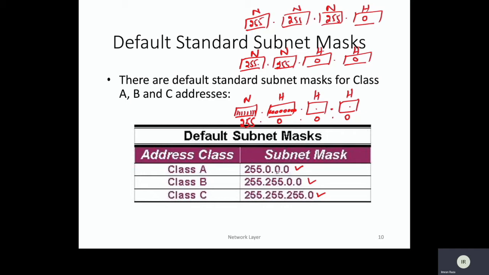The subnet mask is a 32-bit number, and we calculate it by turning all the network portion bits to 1 and turning all the host portion bits to 0. Right? So this will give me the default subnet mask of class A as 255.0.0.0, default subnet mask of class B 255.255.0.0, and the default subnet mask of class C 255.255.255.0. Okay.